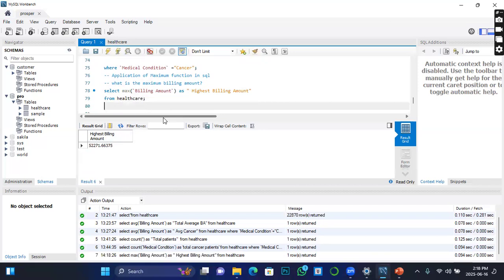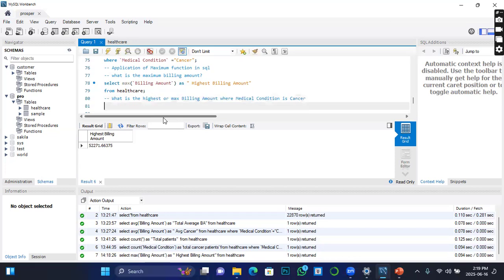So let's say we want to make it conditional also. We want to select the highest what? Another question: what is the highest or maximum billing amount where medical condition is cancer?